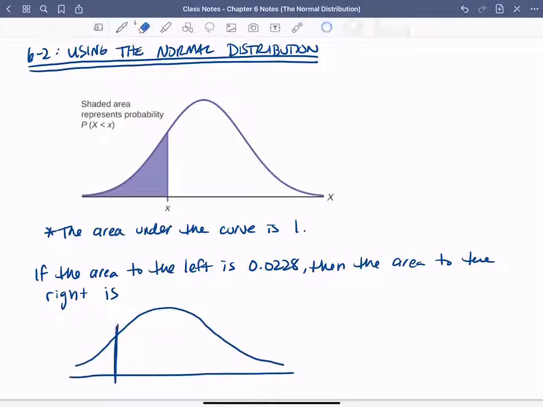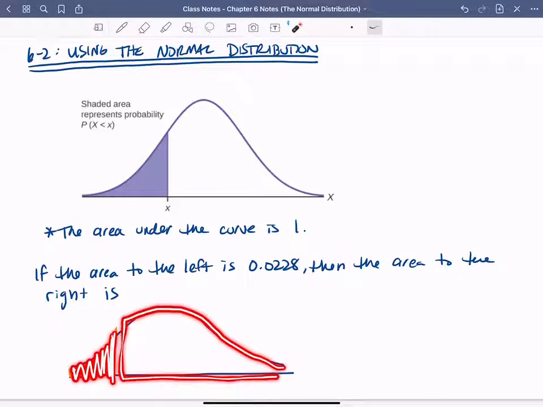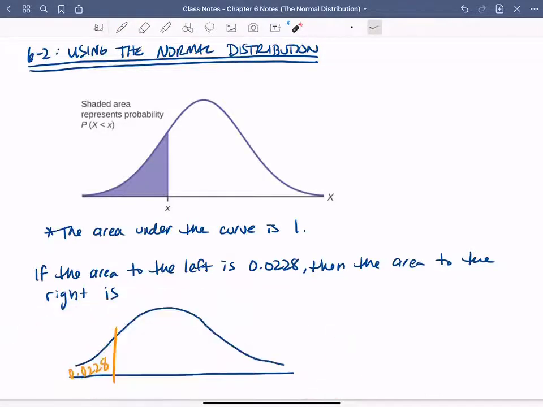But if everything over here is 0.0228, that's everything over here. If I was to shade all of that, well, what's everything to the right? Well, if the whole thing equals 1, and I kind of take away this part, but the rest, if I add it, it's still 1 because it's a whole thing.